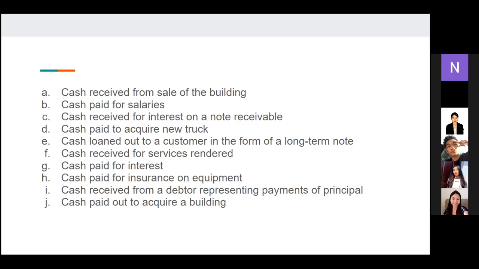So, ibig sabihin, sa operating siya. Bakit? Kasi nga di ba, ang sinabi natin sa operating, andun yung mga normal operations niya. So, ibig sabihin, service, nag-render mismo ng service si company, tapos doon, naka-receive siya ng cash. So, I believe operating activity siya. So, yun. Well explained.